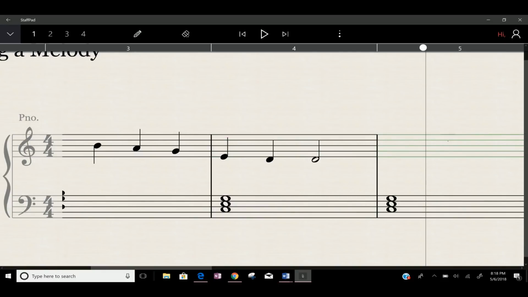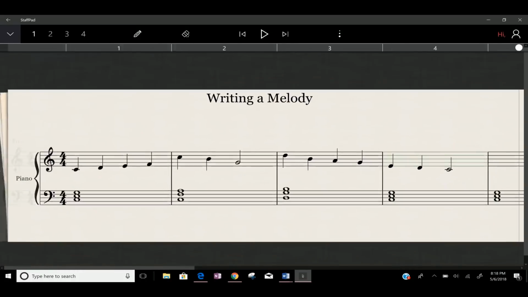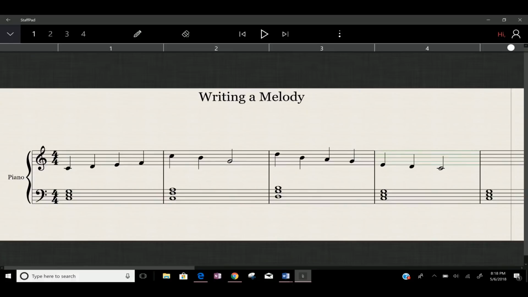One thing I like to do at the end of a phrase, or the end of the first part of the phrase, is to put a half note, or maybe some kind of rest. Rather than just having all straight quarter notes, which would sound like a run-on sentence almost. When you speak sentences, there are periods, there are longer words, that kind of thing, to help with inflection.